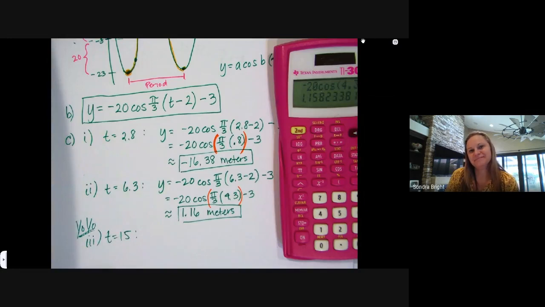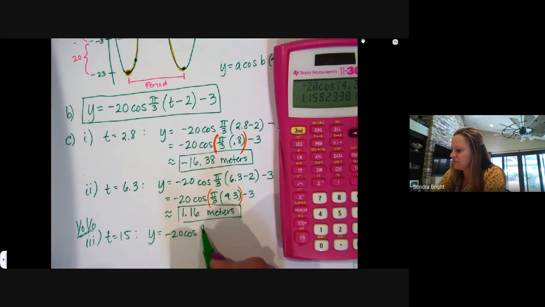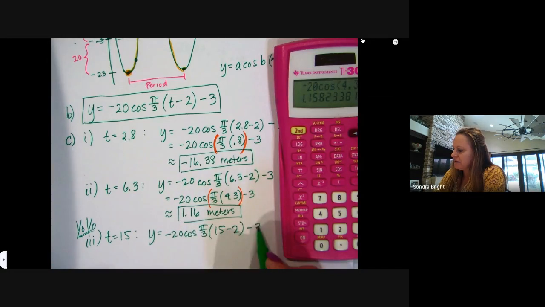Okay, hopefully you tried it on your own. I can't monitor you, right? You do you, but hopefully you're trying to learn this stuff. All right, so we should have gotten a negative 20 times cosine of pi over 3 times 15 minus 2, and then minus 3. So what does that become? That becomes a 13 pi over 3.